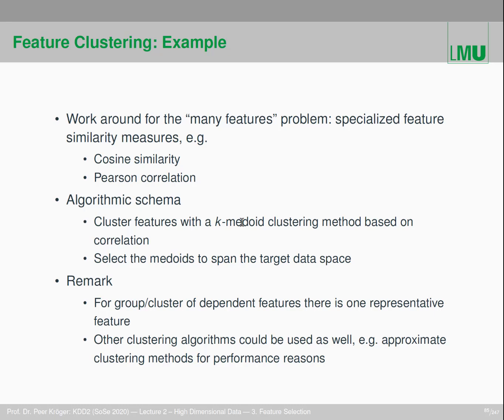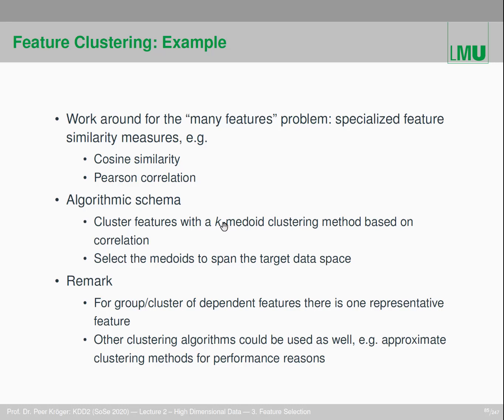The mean of several features may be hard to interpret in the results, so k-median is maybe a good idea. So you cluster the features with k-median clustering using, for example, the Pearson correlation coefficient. And then you select the medians as the new data space. So the medians of the feature clustering form your new data space, and then you can do all the other things you want to have.